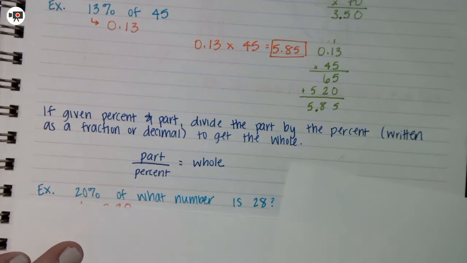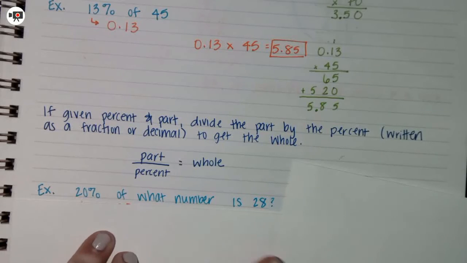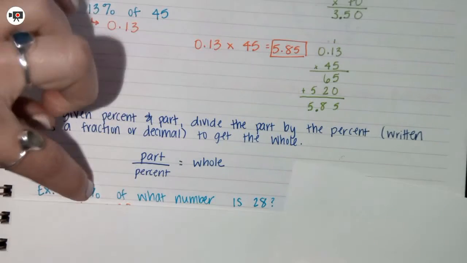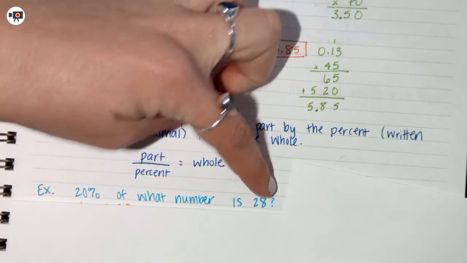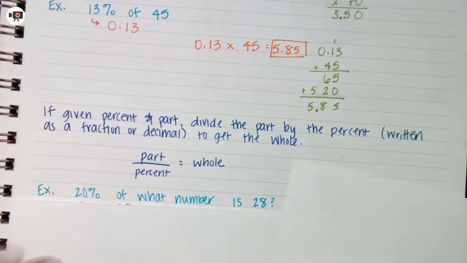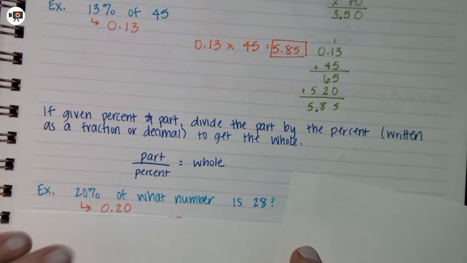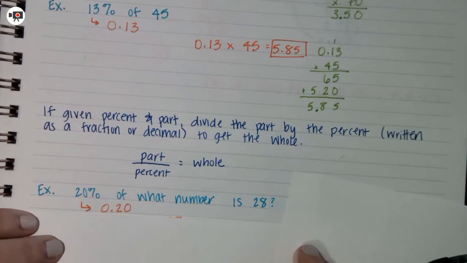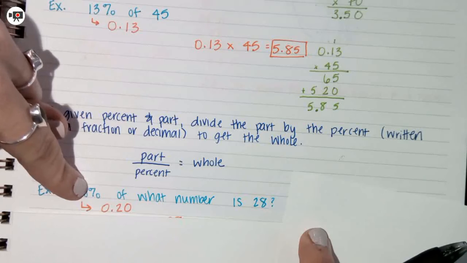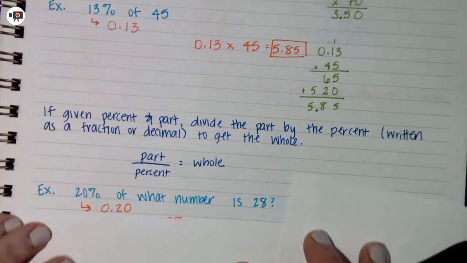So let's do an example. 20% of what number is 28? So in our first ones we had number and number is what. Now our what, our unknown, is in the middle. So first, write 20% as a decimal, that is 0.2, and we are going to do 28 divided by the percent equals the part.